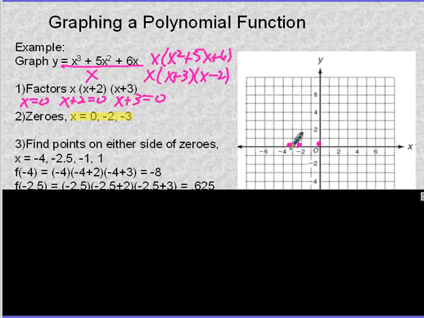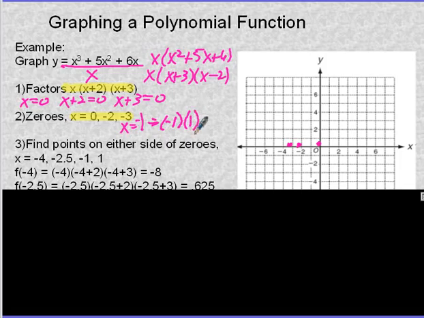So when x is equal to -1, if I plug that in for x here, that gives me -1 times (-1 plus 2) is 1, times (-1 plus 3) is 2, and this is going to end up being -2.